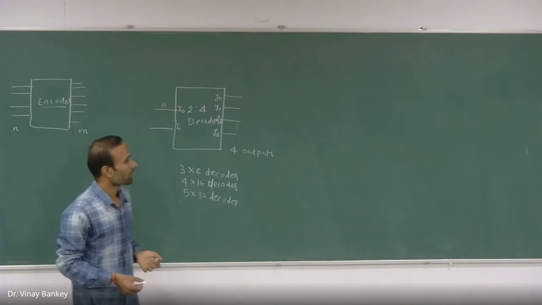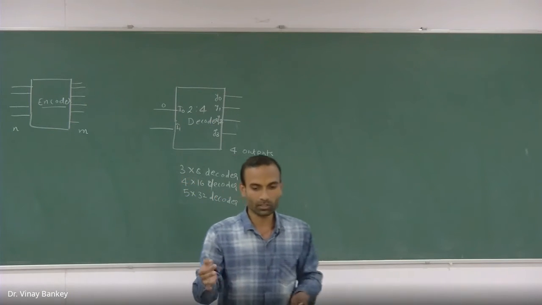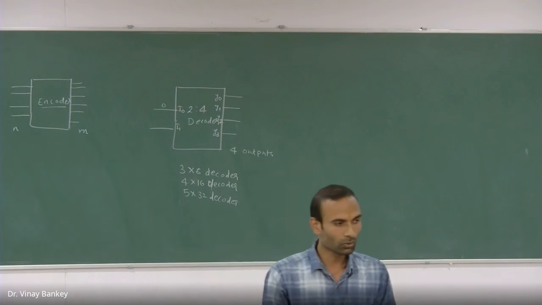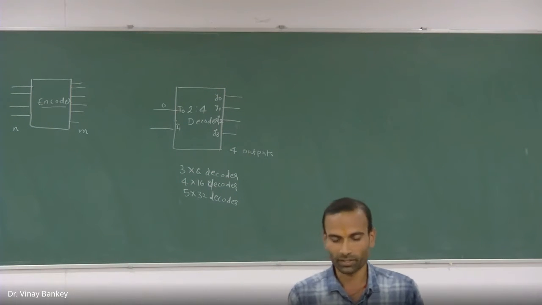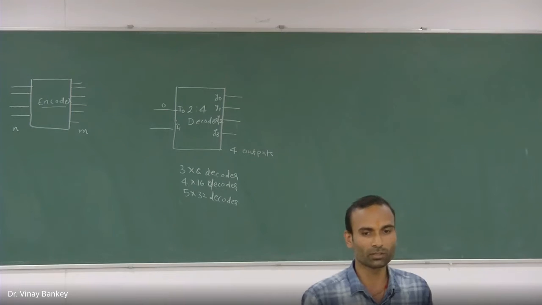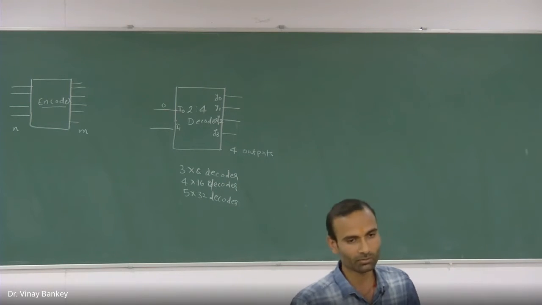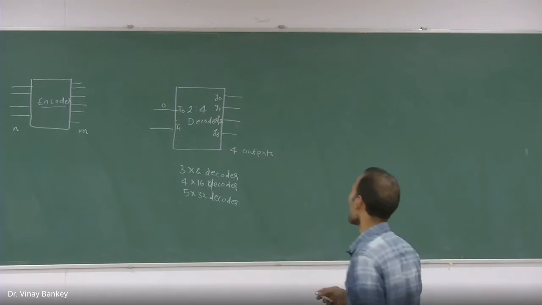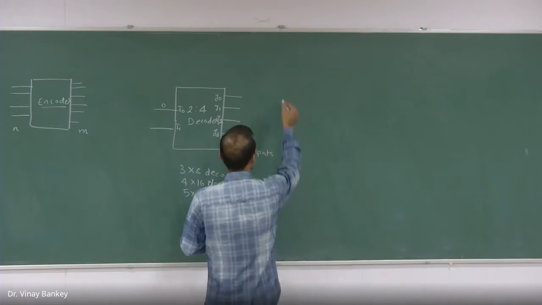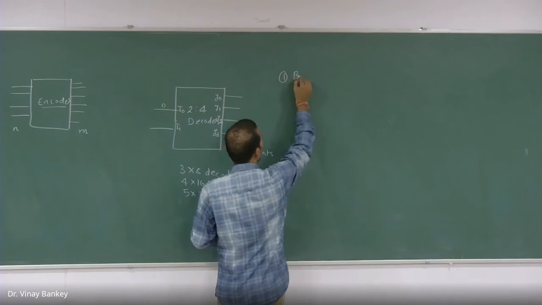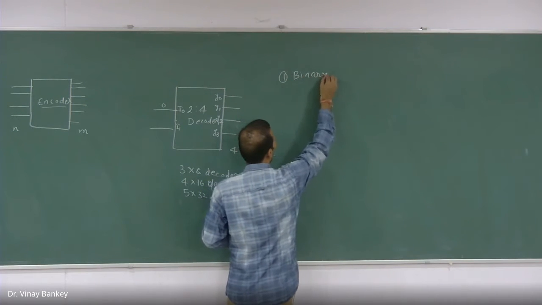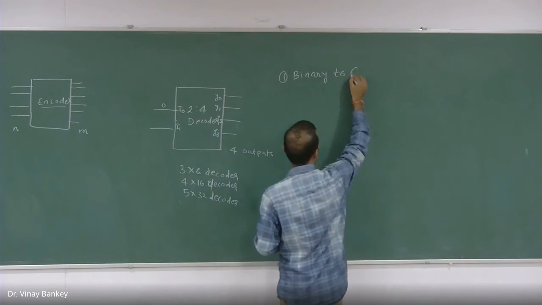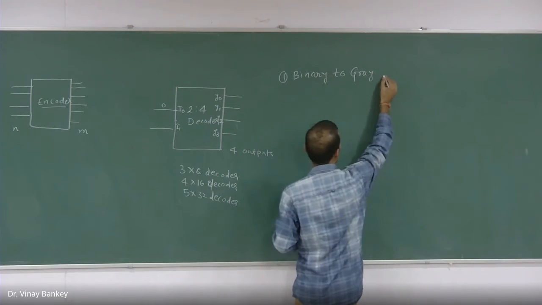Before that, in your syllabus, in your curriculum, you have 2 or 3 decoders specified. So I want to be synchronized with the syllabus, because otherwise we will have a problem in taking the quizzes. So first today we'll see the binary to gray decoder.